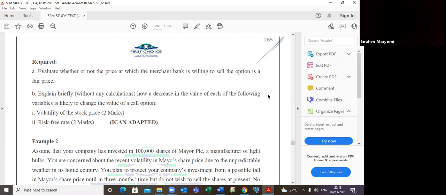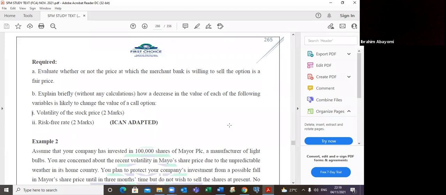One is volatility. Two, risk-free rate of return. Now, what does volatility measure? That's the first thing you need to know. When we say volatility, what does it measure?